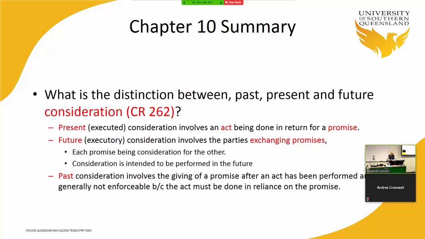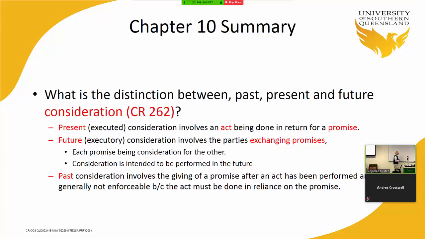The distinction, again, we just talked about it. What's the distinction between past, present, and future consideration? So we said what we call present is actually executed. So consideration involves an act being done in return for a promise, or it could be future. Consideration involves parties exchanging promises. So you can see, you can have present consideration only in unilateral contracts.